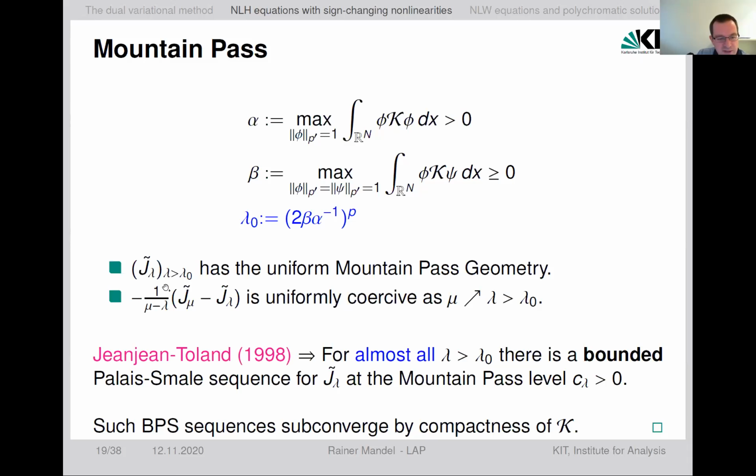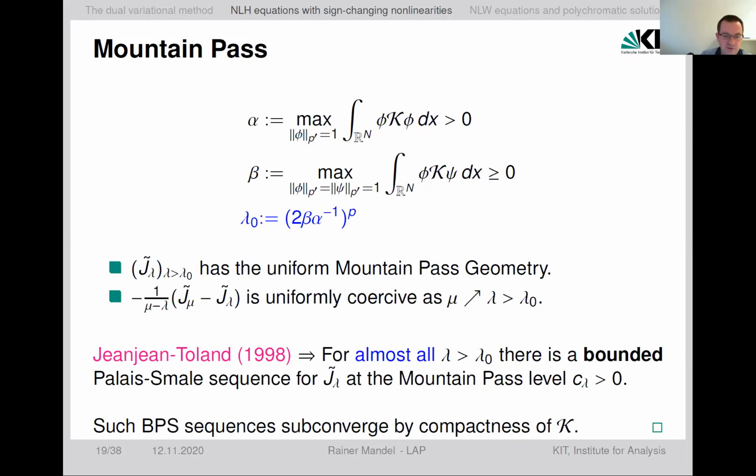And then one can check that for lambda bigger than this threshold value, this family of functionals has the uniform mountain pass geometry, and that this monotonicity condition is also satisfied. This monotonicity condition is crucial for obtaining bounded Palais-Smale sequences, because we would like to apply the mountain pass theorem, but when we tried to do it, we always failed because we were not able to prove the boundedness of Palais-Smale sequences.